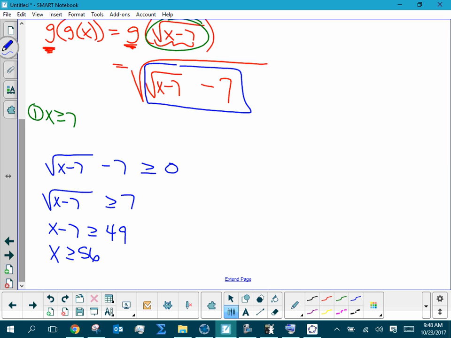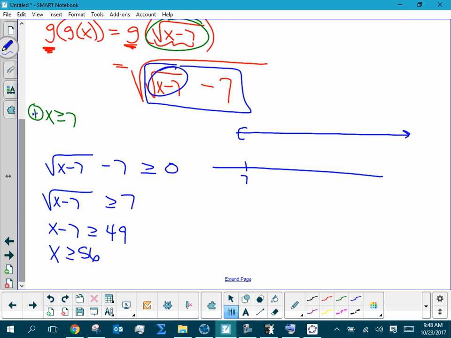Now we've got a couple of restrictions here. This first one, because of the input, said x had to be greater than or equal to 7. The only way that I can get a result here is if that first part becomes a real number, right?